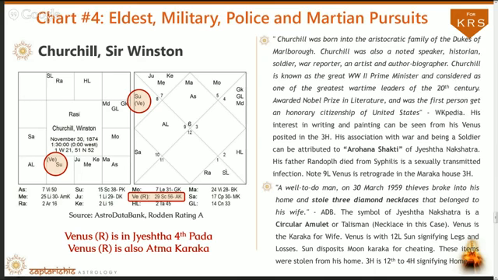Now, his father died of syphilis, which is a sexually transmitted disease. Do you see how Jyeshtha is not playing in his chart, but is in the father's chart, which means illicit affairs, something of an adulterous nature. And Venus is retrograde, 9th lord, father, in the Jyeshtha Nakshatra.